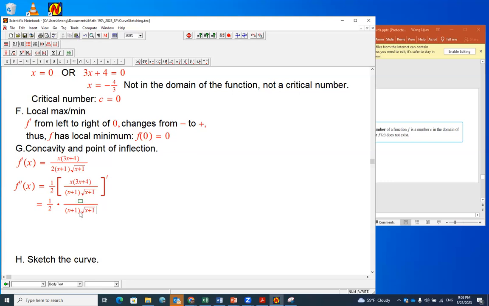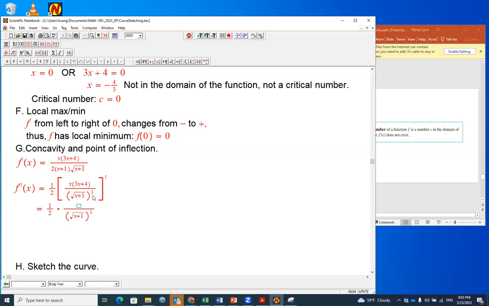In this case, let's put the denominator in the form of power 3, and write this as root x plus 1 to the power of 3. And then we're going to square this power 3. Okay, that's going to be power 6. Let me put a little note here.